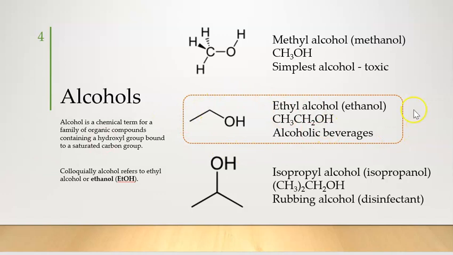So ethyl alcohol or ethanol, these are alcoholic beverages. There are other types of alcohols, but they're not alcohols you drink. Ethanols are produced by the fermentation of sugars, whether it's sucrose, glucose, fructose, or maltose.